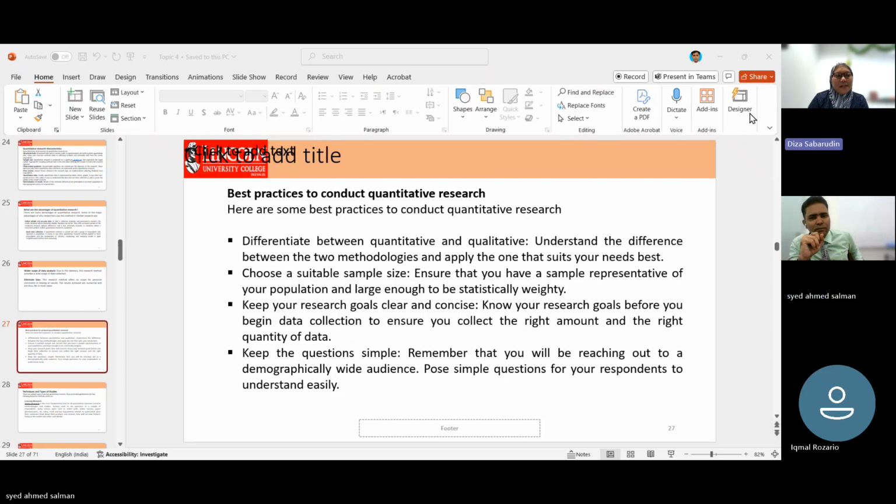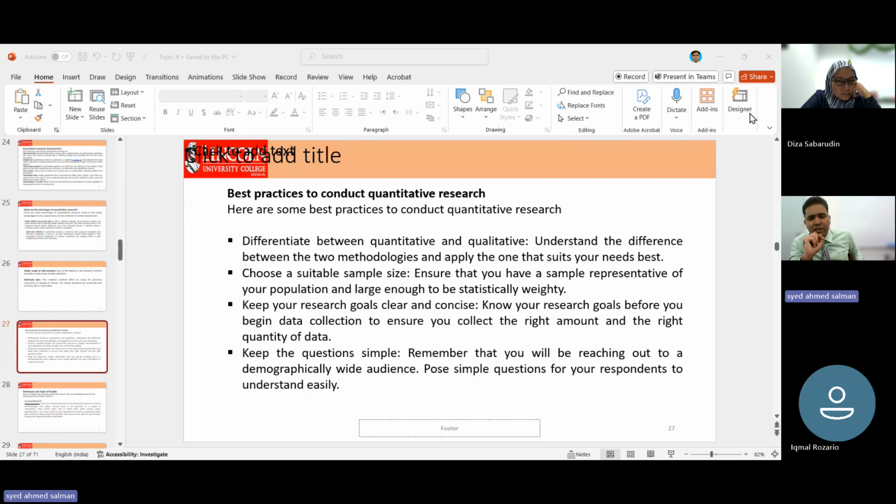Okay. Here are some best practices to conduct quantitative research. Differentiate between quantitative and qualitative: understand the difference between the two methodologies and apply the one that suits your needs best. Choose a suitable sample size and show that you have a sample representative of your population and large enough to be statistically weighty.